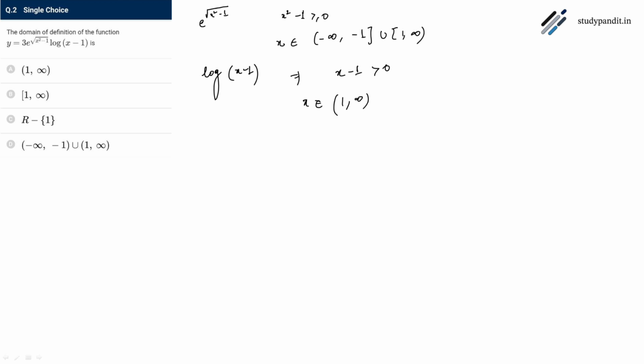So the domain of y is equals to 3 times e raised to the power x square minus 1 times log x minus 1 will be the union of these two domains. So it is 1 to infinity, which is the first option. A is correct answer. Now moving to the next question.